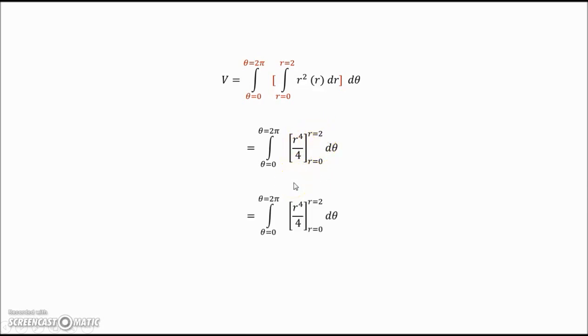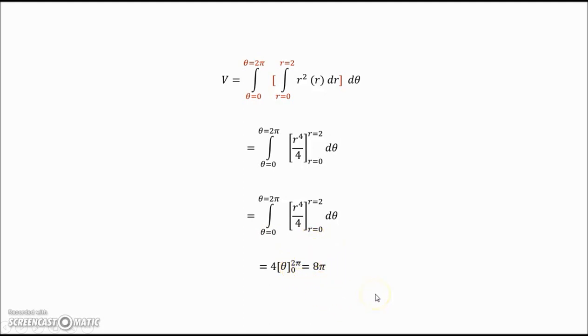Substitute this, and you get 4. Then you have the integral of d theta, which is theta, and substituting the limits 2 pi and 0, you end up with 8 pi.